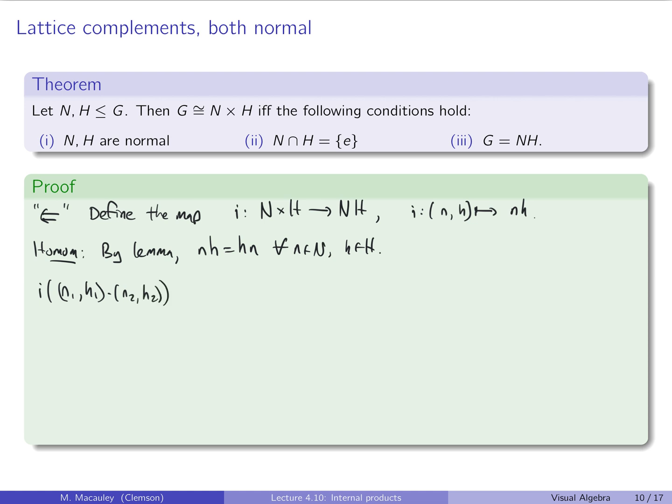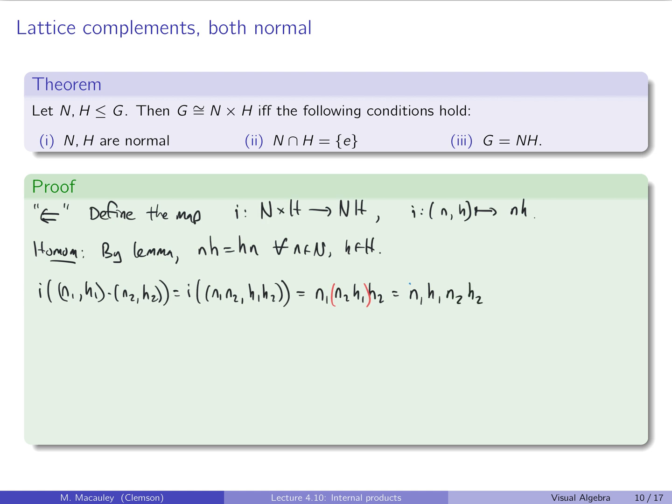We just kind of follow our nose here. This is I of (n1 n2, h1 h2). And by definition, this is n1 n2 h1 h2. And now this is where we use the fact that elements in N and H pairwise commute. So this is n1 h1 n2 h2.